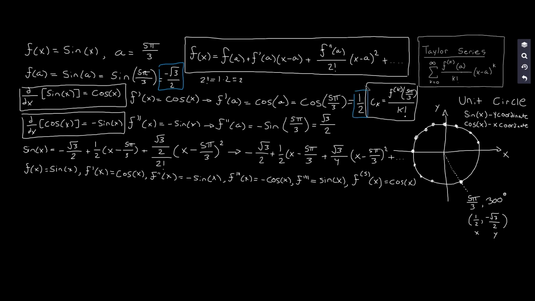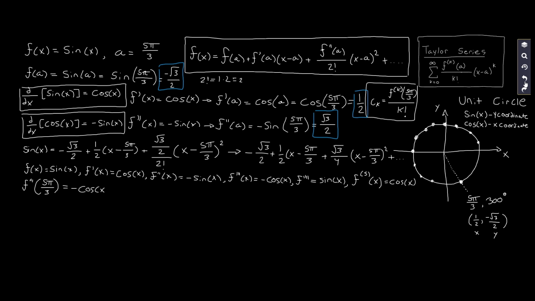Then f double prime is right here, root 3 over 2. So now we'll go ahead with the calculation of the third derivative. We have to find f triple prime of 5 pi over 3, and that's going to equal negative cosine of x.